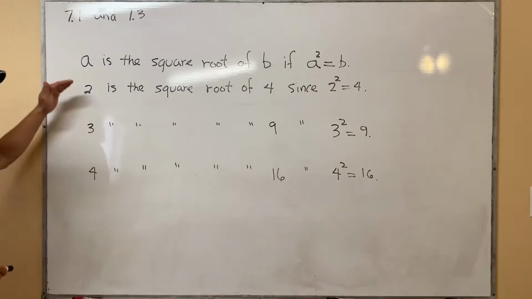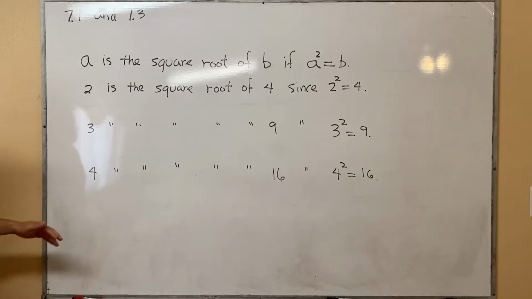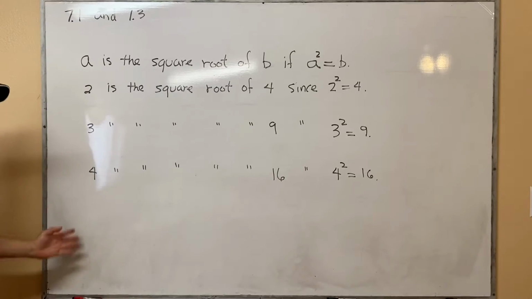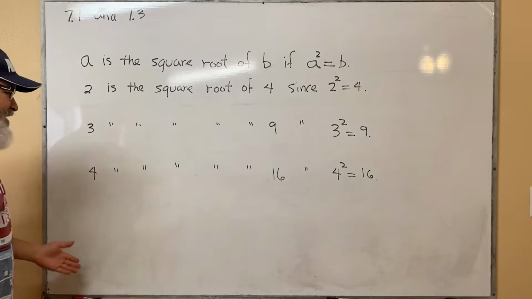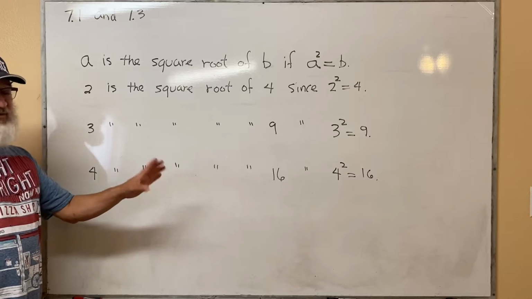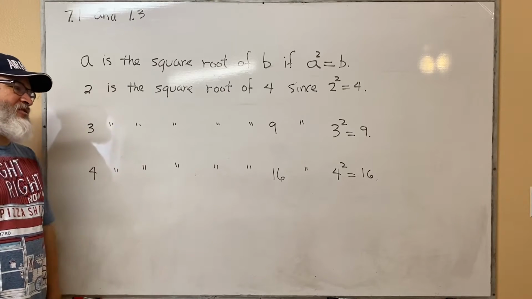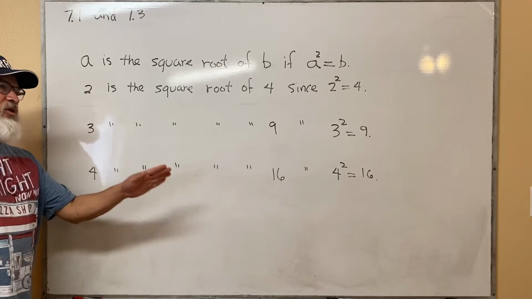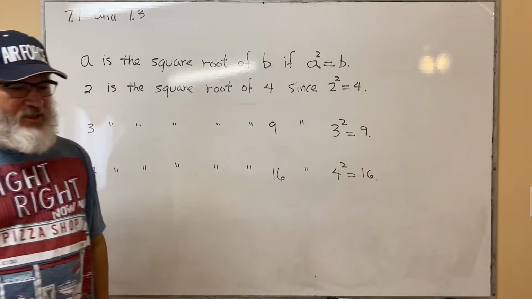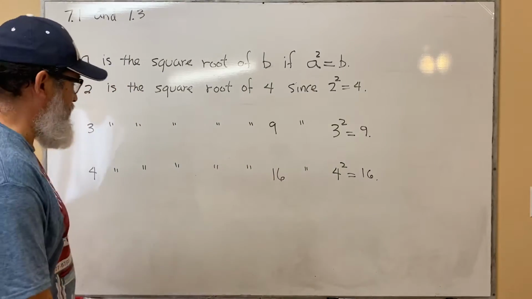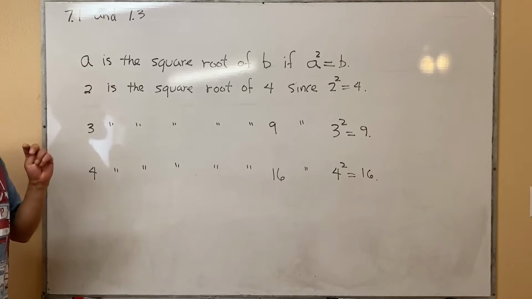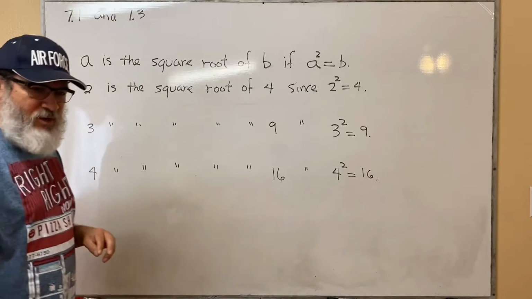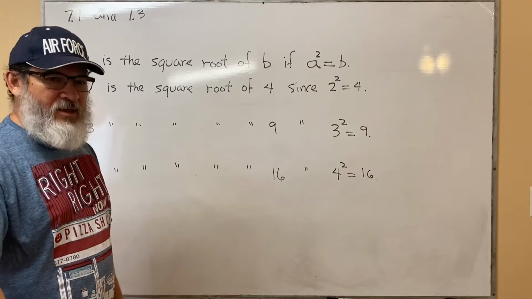And you can go on ahead and do 5. 5 is the square root of 25, since 5 squared equals 25. 6 is the square root of 36, since 6 squared equals 36. And so on and so forth, okay?